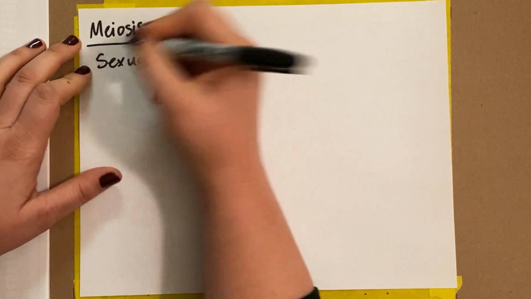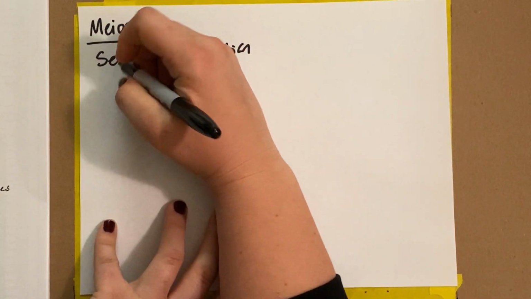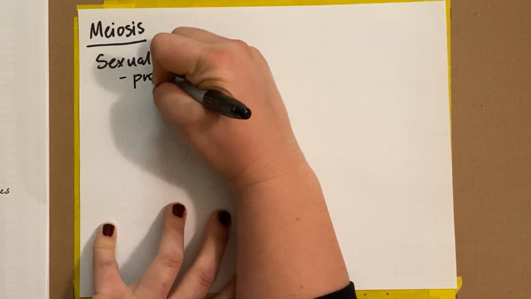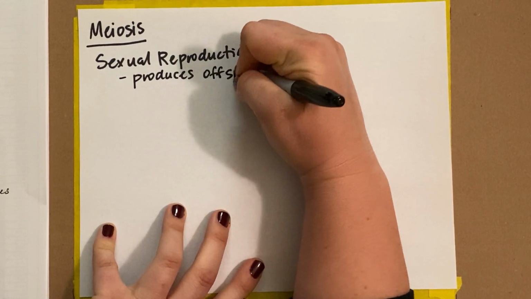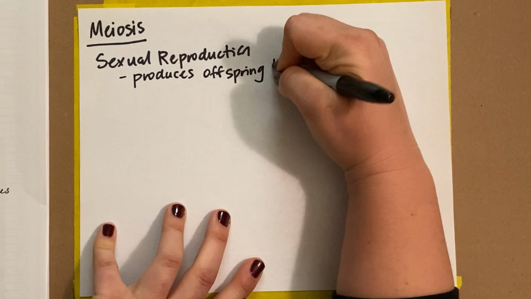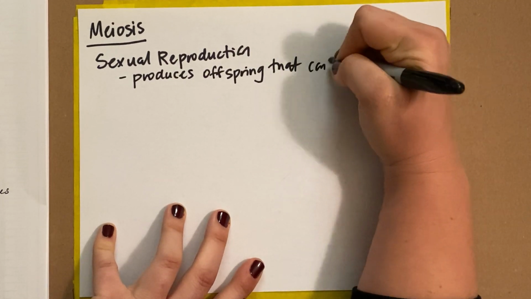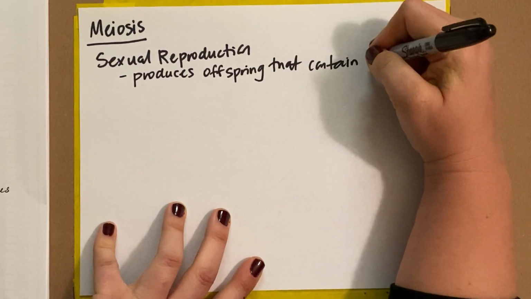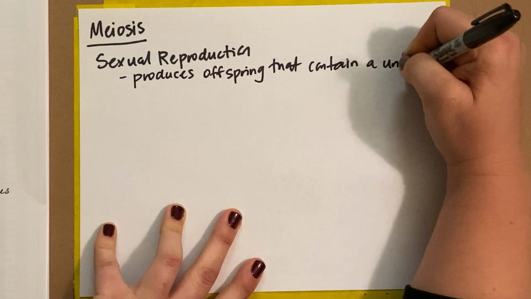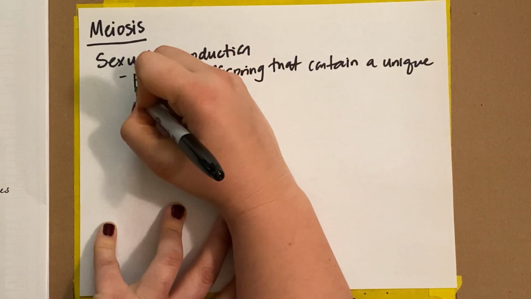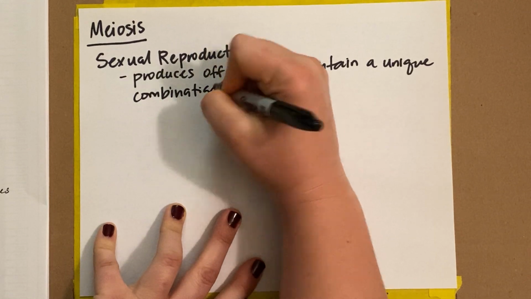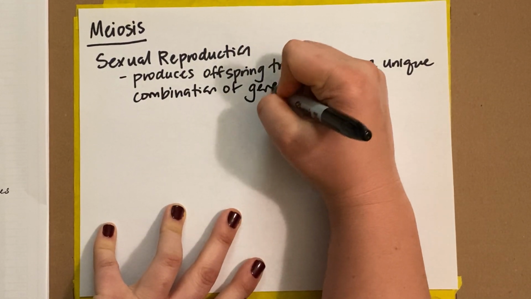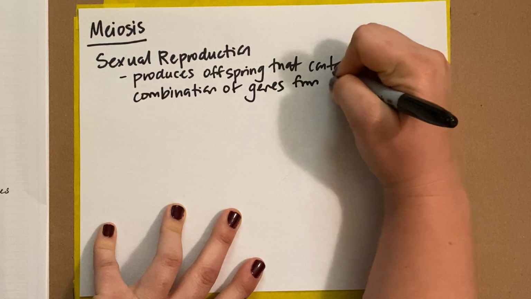Okay, and so in this, what sexual reproduction is producing, it produces offspring that contain a unique combination of genes from mom and dad.